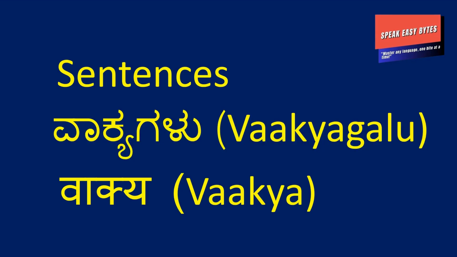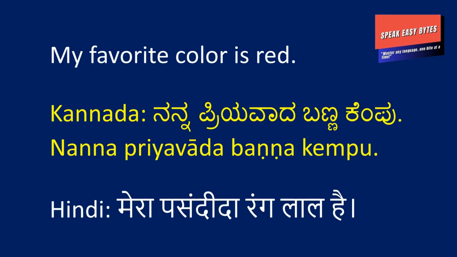Now let's look at the sentences, that is Vakyagalu in Kannada and Vakya in Hindi. Let's look at the first sentence. My favorite color is red. The same thing in Kannada we say Nanna priyavada banna kempu.